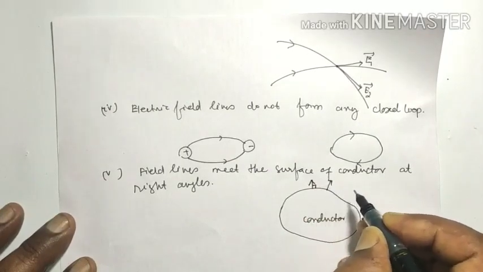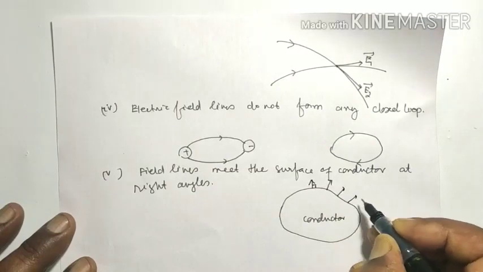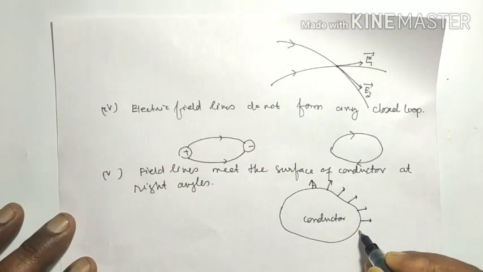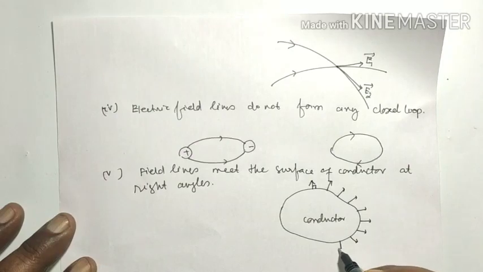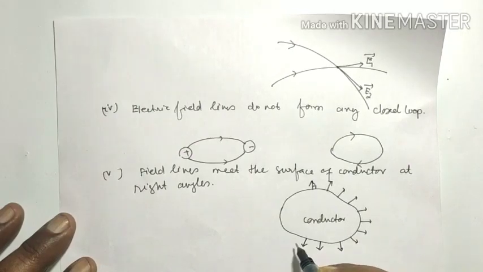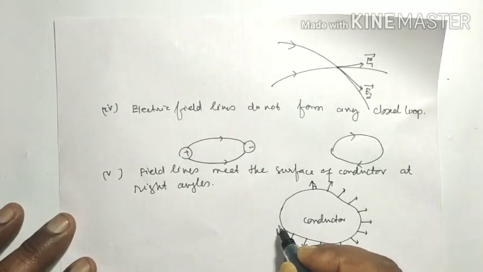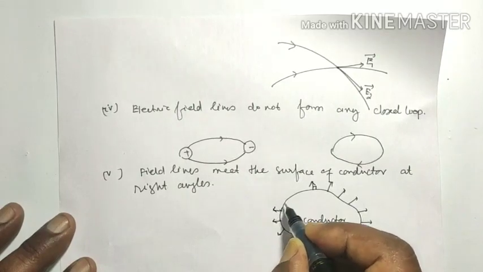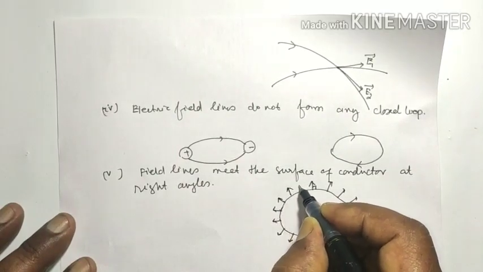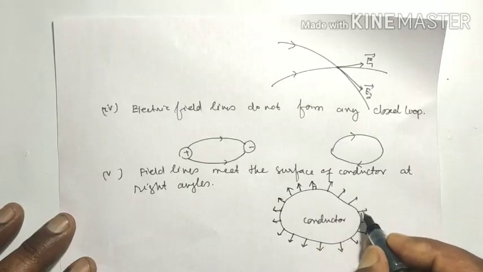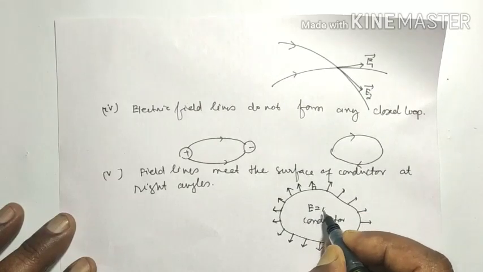This is a right angle, 90 degrees. These are the field lines which are normal to the surface of the conductor. Inside the conductor, the electric field is 0 because charge always resides on its surface.